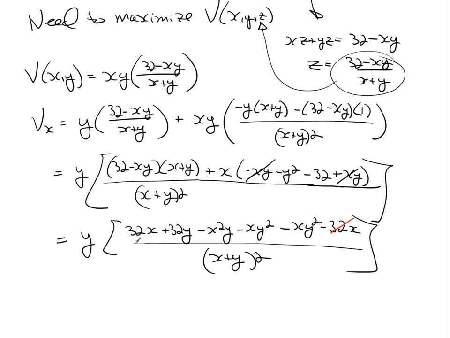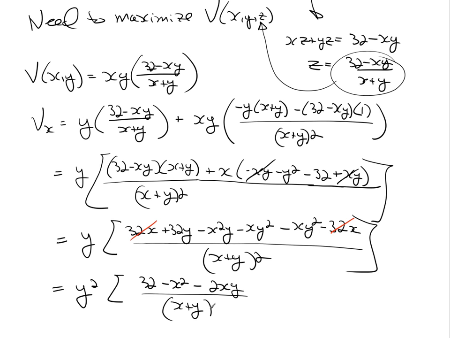So these 32's will go away, which brings me to, each of these guys has a y, so I'm going to factor out another y. So I have y squared times, what's left here? 32 minus x squared minus xy, minus, well, I should have combined these, so minus 2xy, over (x plus y) squared.